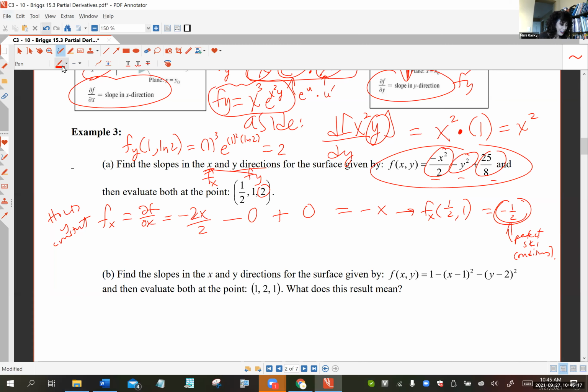Okay, let's get the other partial, fy, which you can also denote df dy with these curvy d's. Now you're going to put on your other set of glasses and hold x constant.